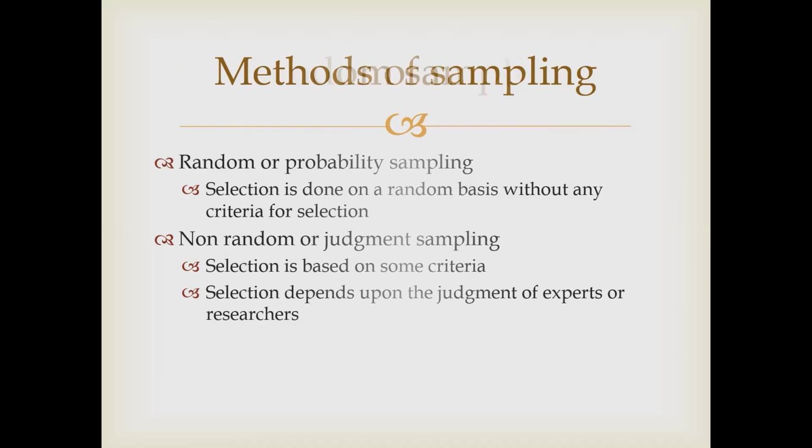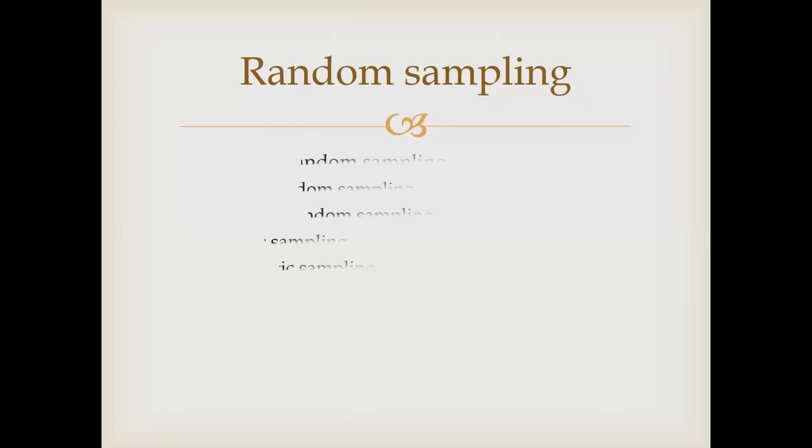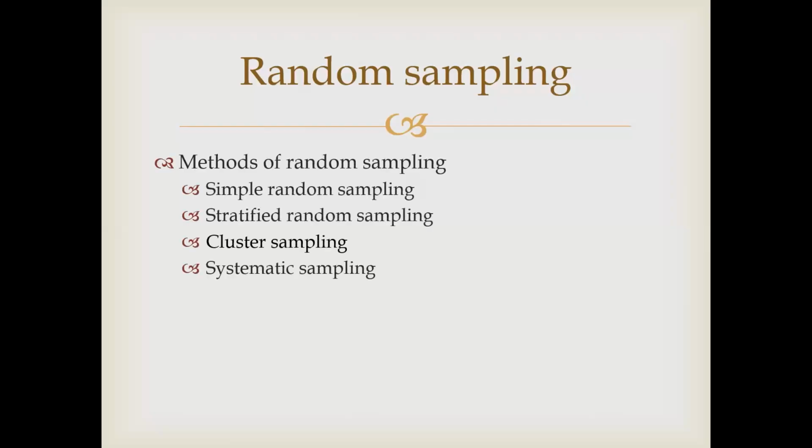Now we will look into random sampling. It is divided into four different methods: simple random sampling, stratified random sampling, cluster sampling, systematic sampling. We will try to understand each one.